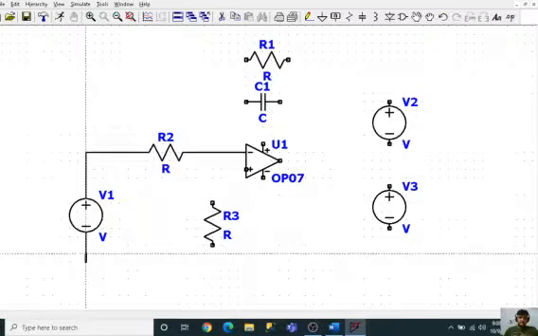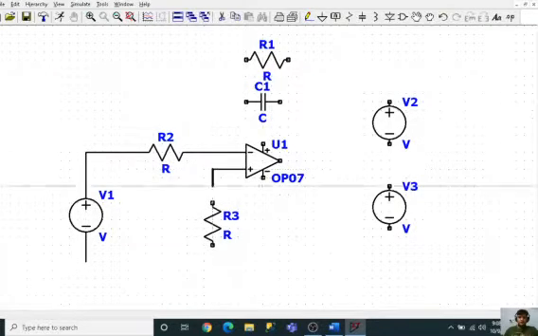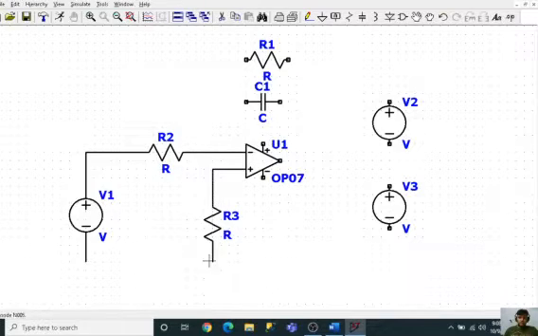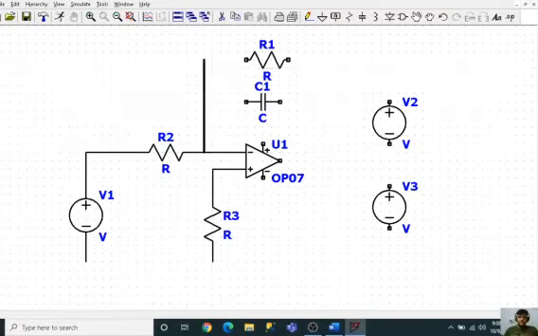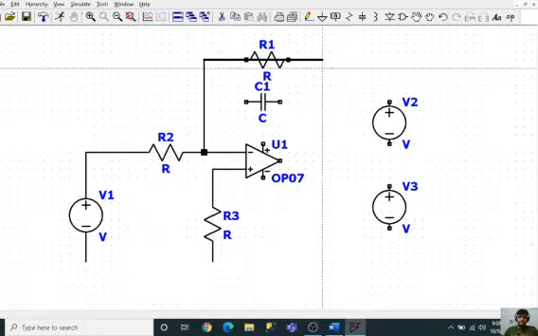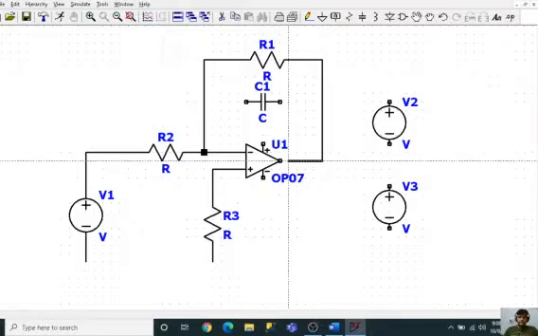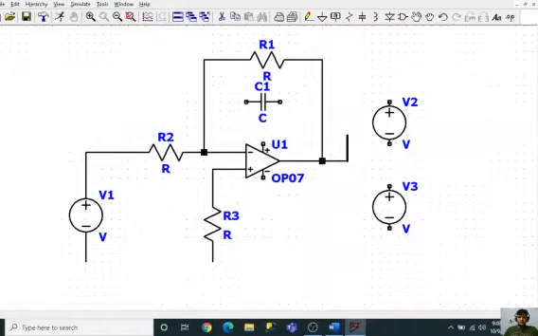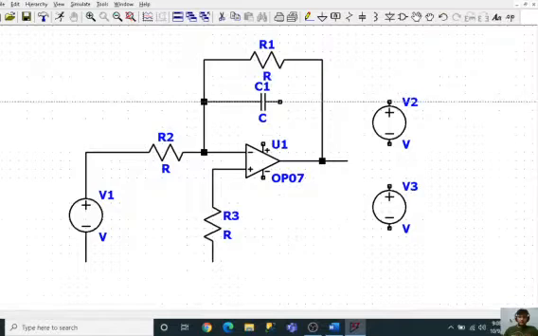This is the first connection, then at the non-inverting terminal, then the feedback. Now we need to connect this capacitor to this wire.